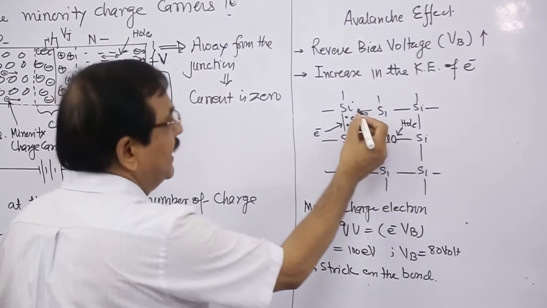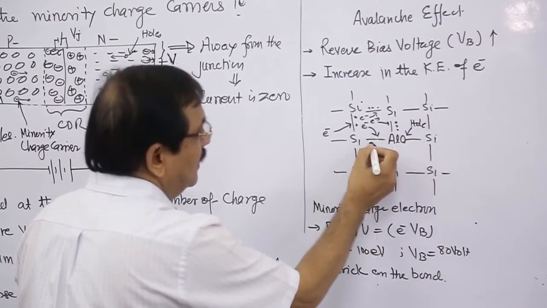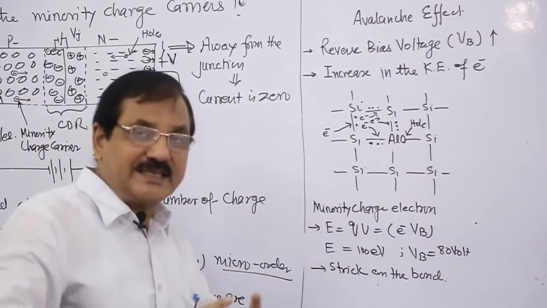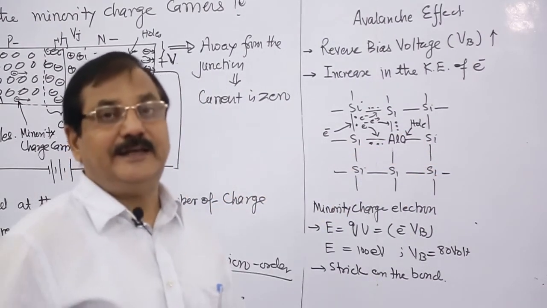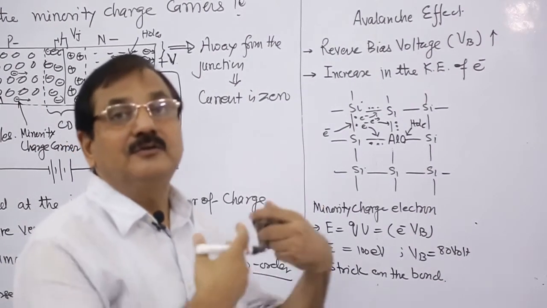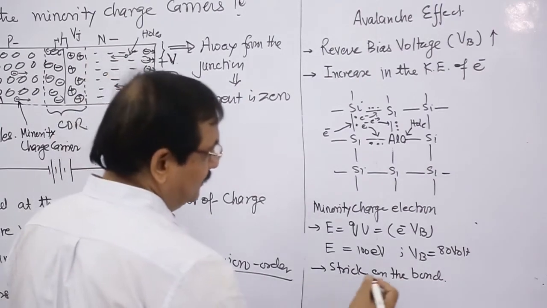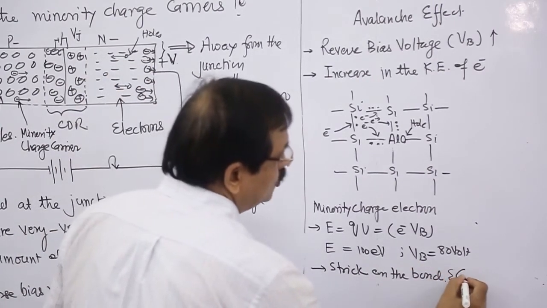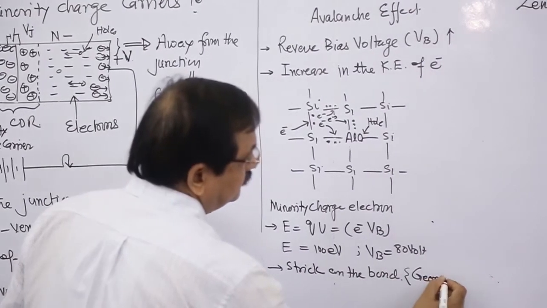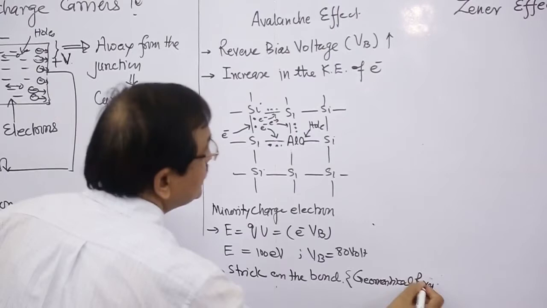Each one will make free 3 electrons, and these 3 electrons again fire 3 other electrons, then that will create 27 electrons. The process is something like a geometrical process.